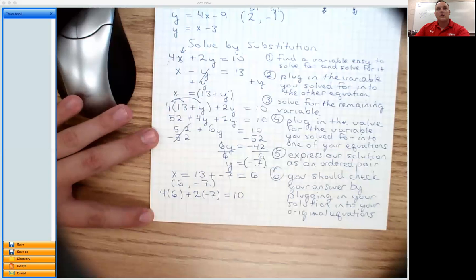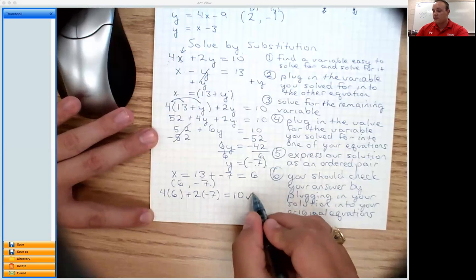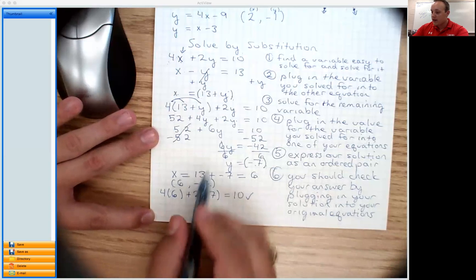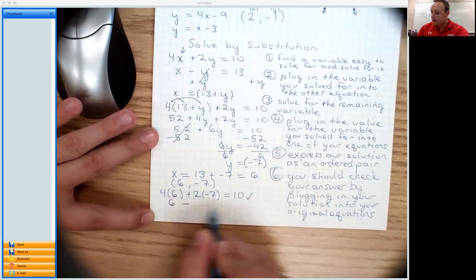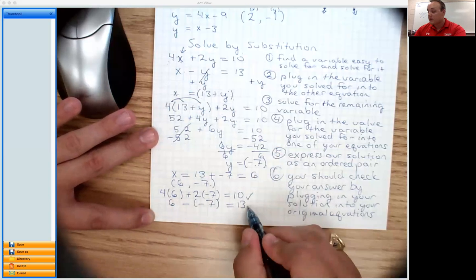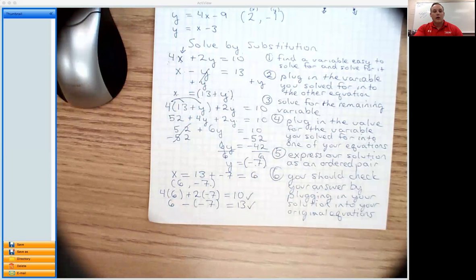So 24 plus -14, I believe that's 10. It is. Okay, so now I have x minus y, right? So 6 minus -7, is that 13? Yeah, because those two negatives become a positive. And we're all done. And I promise you, it will not take that long when you're used to this, okay?